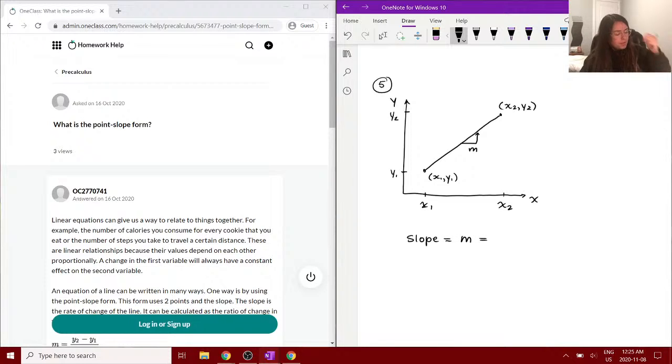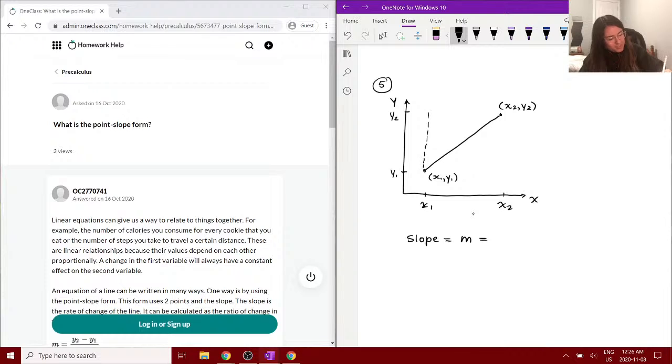Slope is equal to m, and that can be measured by figuring out the difference in y first.